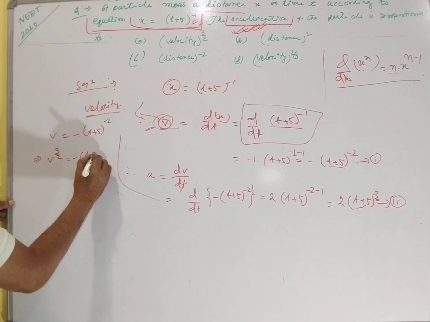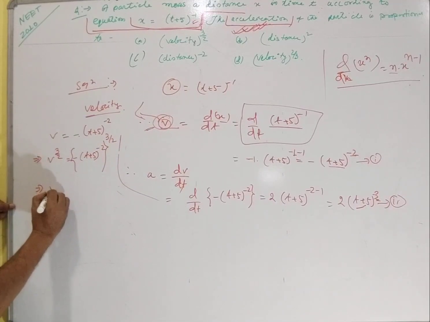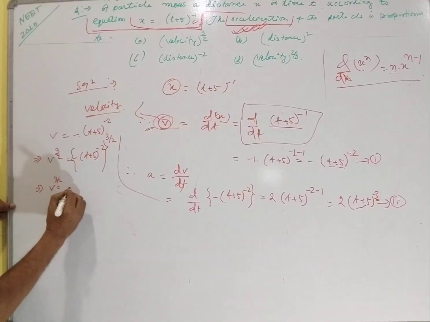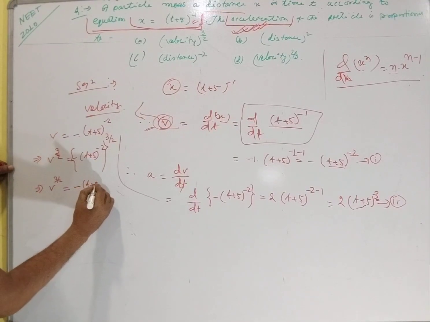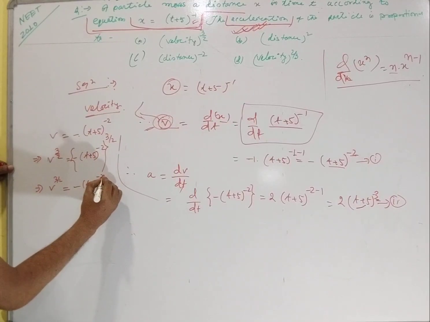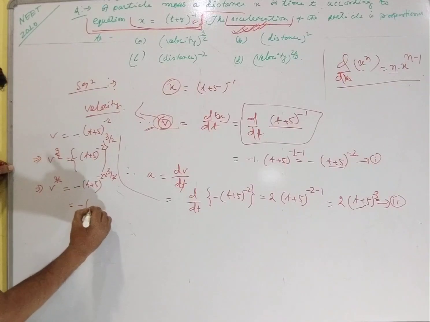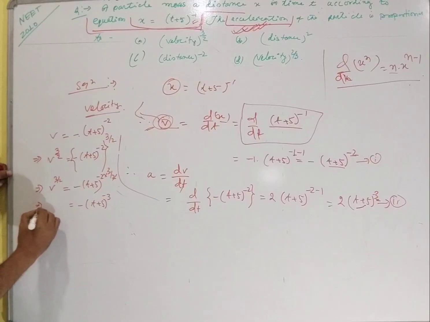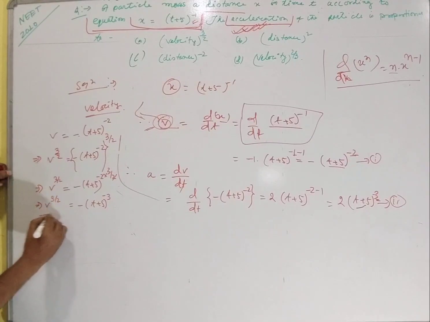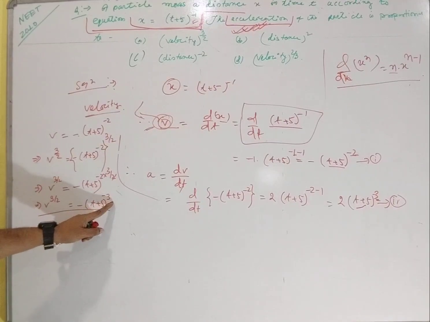Minus (t + 5) to the power minus 2, whole to the power 3 by 2, implies v to the power 3 by 2 is equal to minus (t + 5) to the power minus 2 into 3 by 2. The 2 will be eliminated, and it becomes (t + 5) to the power minus 3. It means v to the power 3 by 2 is equal to minus (t + 5) to the power minus 3.